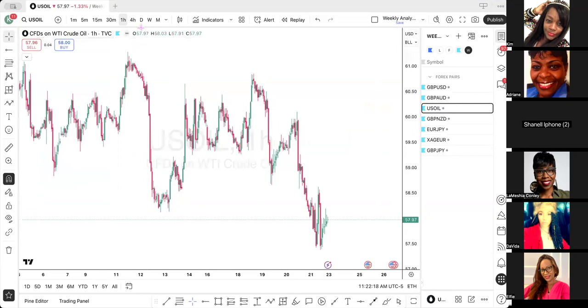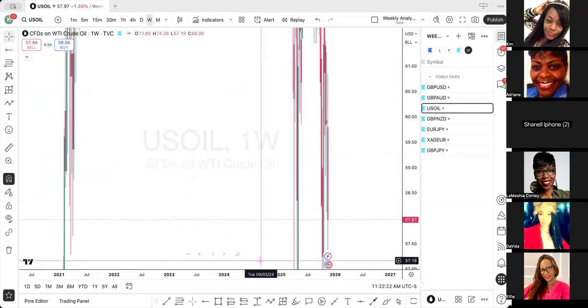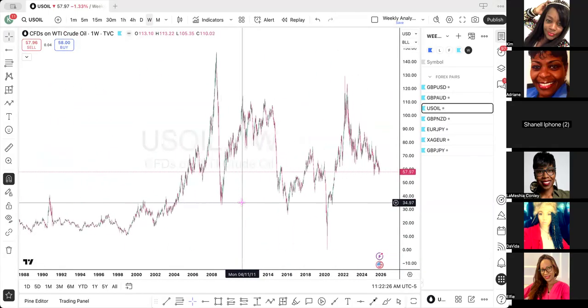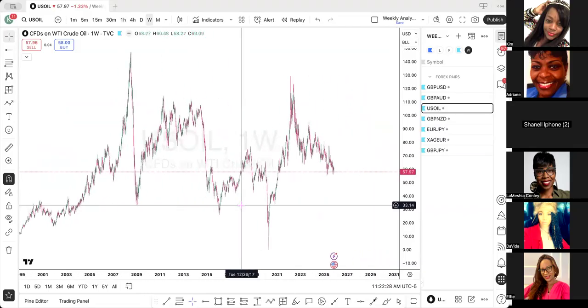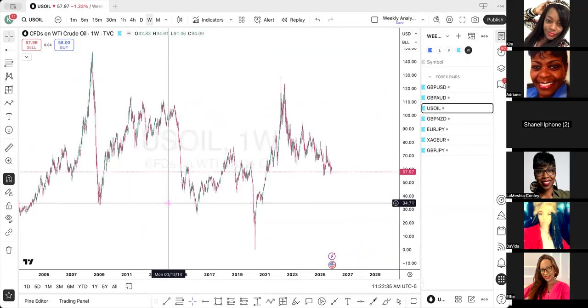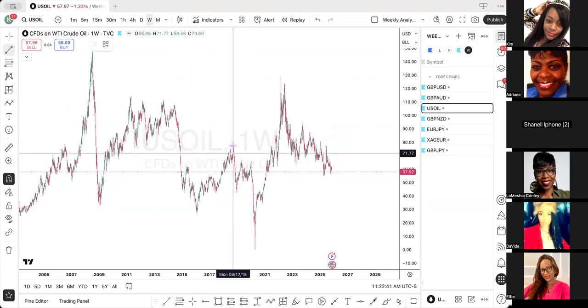Nope. All right. Oil. Let's go to the weekly. Oil is currently, I don't know what kind of structure this is. This was a break of structure here, and then there was a break of structure here. So this was a market structure shift here.